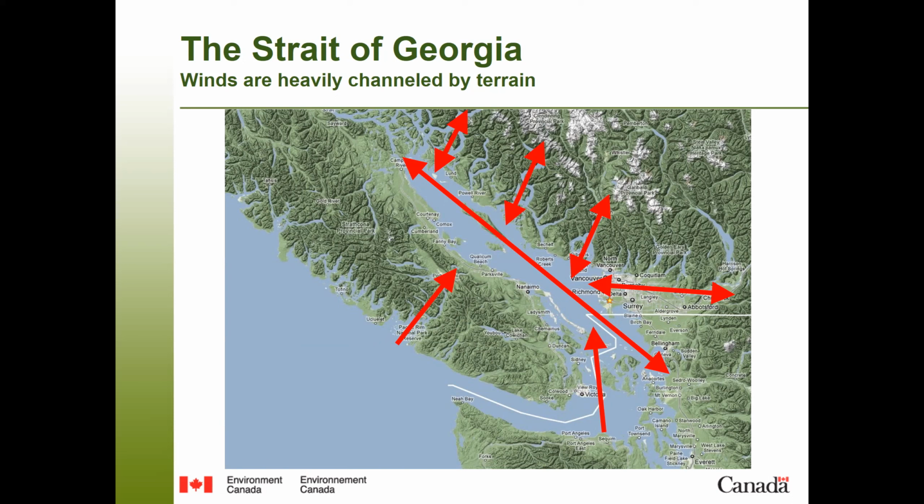We do Howe Sound. We don't do any of, say, Jervis Inlet or further north, north of Texada. So our marine forecasts cover a lot, but some of the finer bays or finer inlets are left to more local effects.